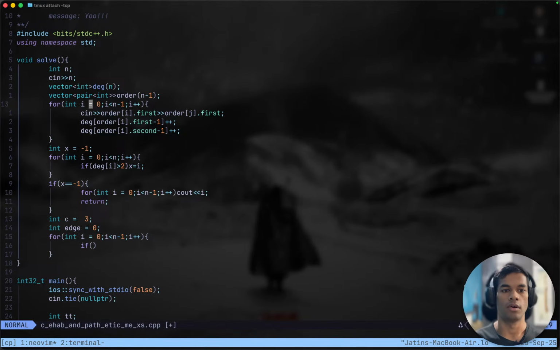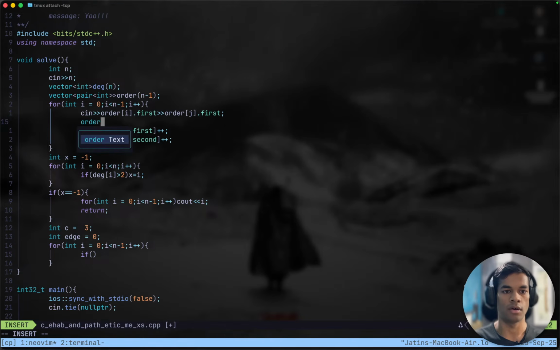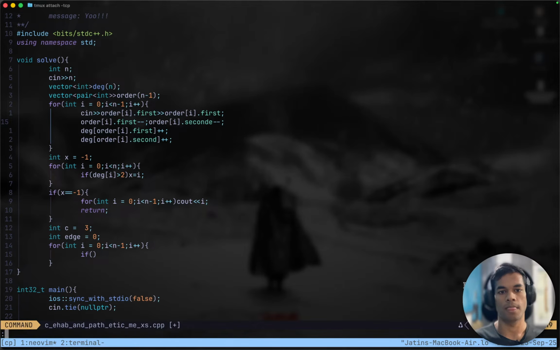Also we have to change the base index: order i dot first minus minus and order i dot second minus minus. Why do I even have a j here? Second, second.